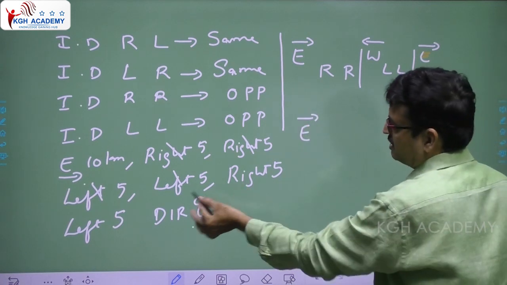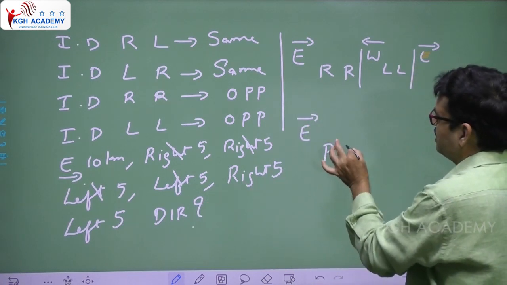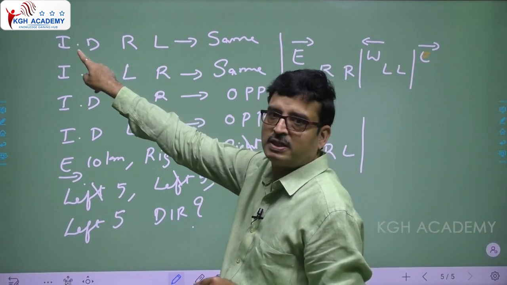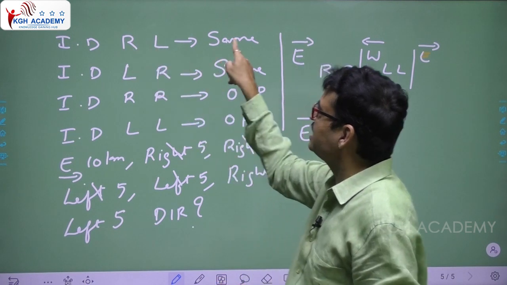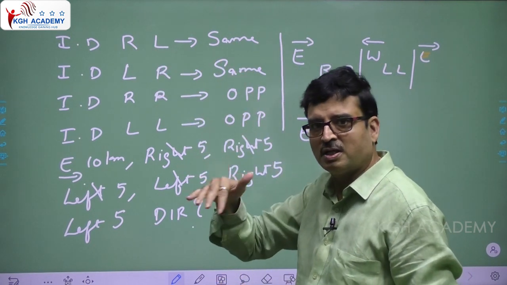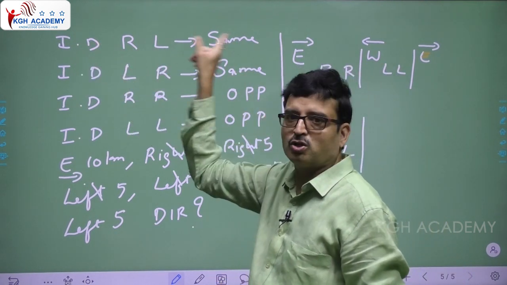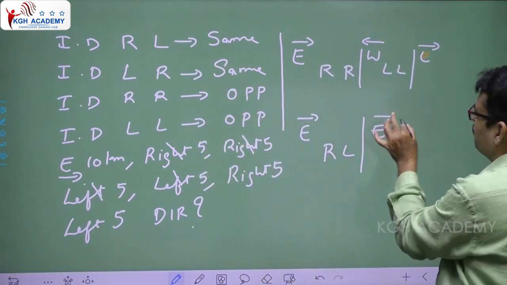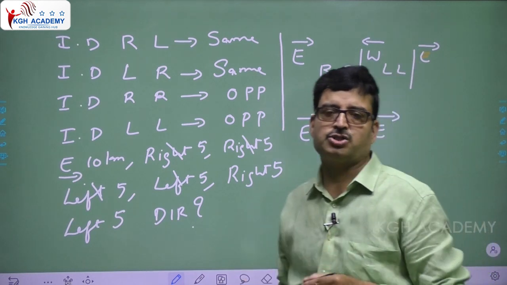Now take this, right and left. So, east, right, left. Same direction. What is the meaning of same direction? That means, if this is east, it also must be east. So, finally, what is the answer? Eastern direction.